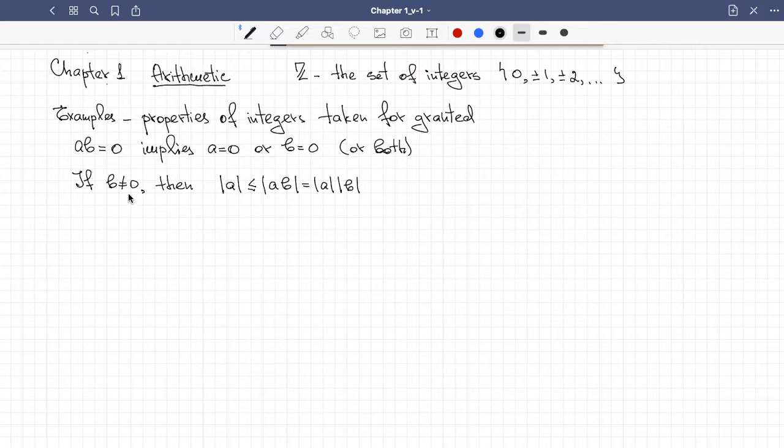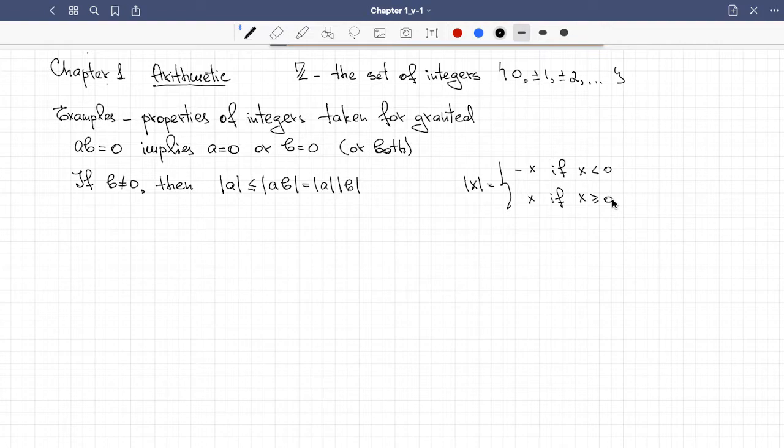All non-zero positive integers are at least 1 by their size. The notation which we use, the absolute value, is of course negative x if x is negative, or x if x is non-negative.